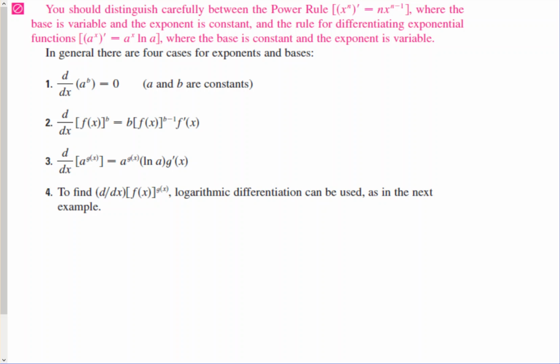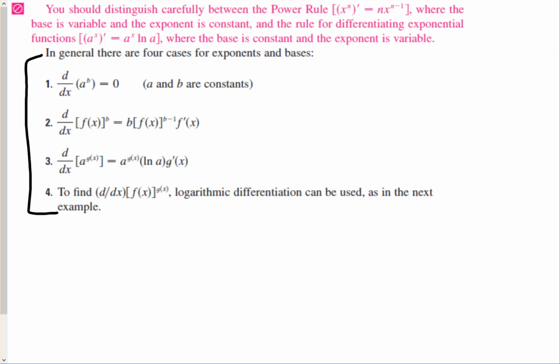With exponential functions, you have a constant to a variable. Okay, so there's the switch off. Okay, and these are just some general properties you guys can look at.